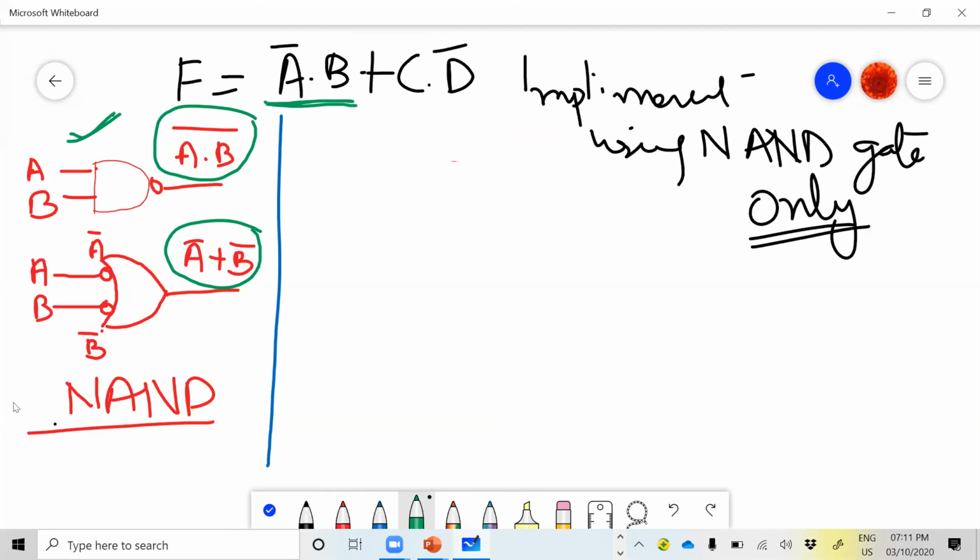Product. So which representation of the NAND gate should I use, as I just explained? The first one or the second one? The first one. Absolutely right. So I will draw the first representation like that.